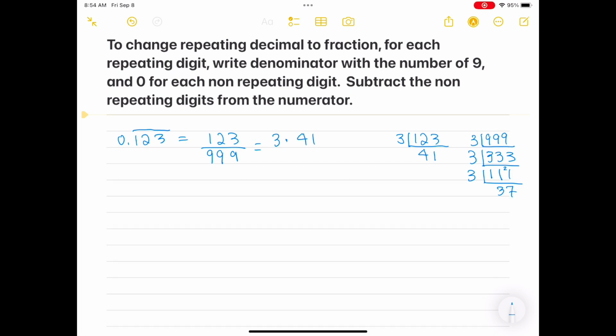And I write those factors to match up with the numerator and denominator, and then now I can eliminate common factors. The 3 in the numerator will cancel with the 3 in the denominator, leaving 41 in the numerator, and 3 times 3 times 37, which is 333, in the denominator.